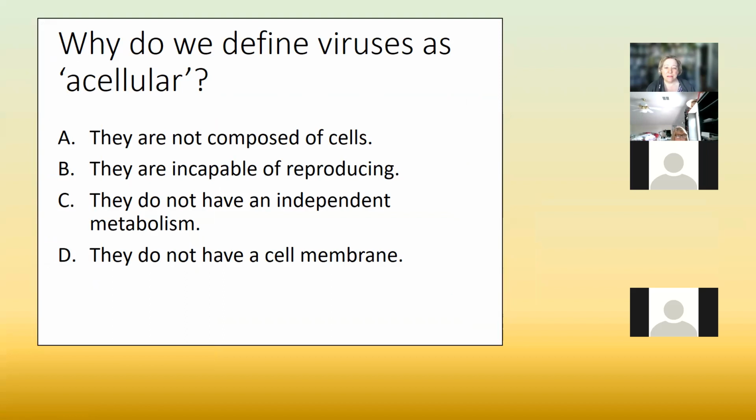The correct answers, there's two of them, and on the test, unless it's a multiple answer question, I will try not to have two correct answers, but during class it's good for discussion. They do not have an independent metabolism, and they do not have a cell membrane. Those are the correct answers.